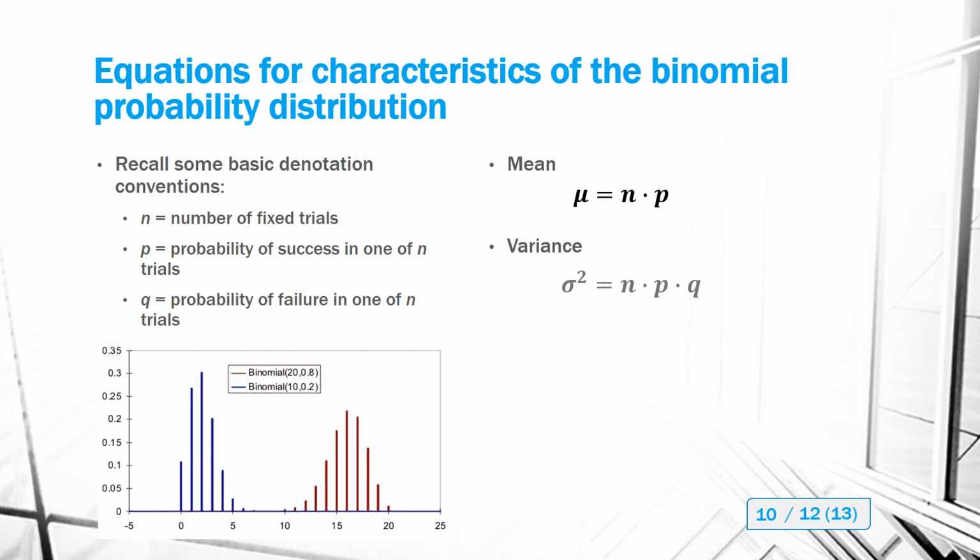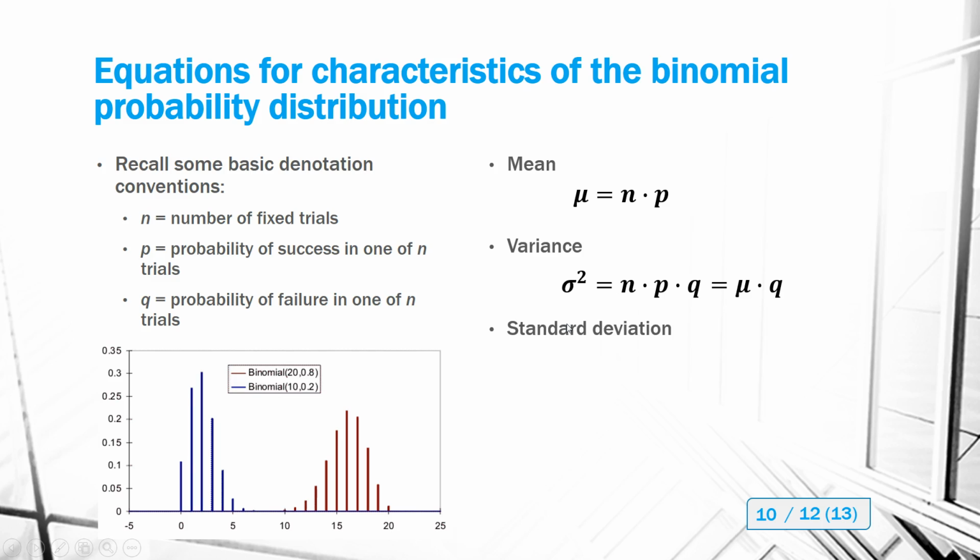Calculate the variance by taking the number of fixed trials and multiplying it by the probability of success in one of those trials, and then multiplying by the probability of failure in one of those trials. You may notice N times P is the same thing as the mean. So we can calculate the variance if we know the mean value and the probability of failure in one of those N trials.